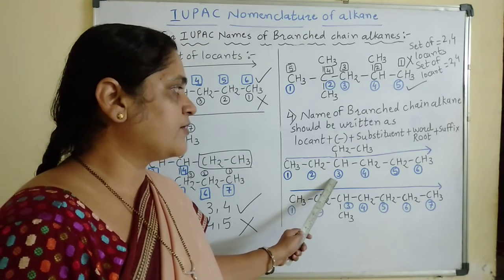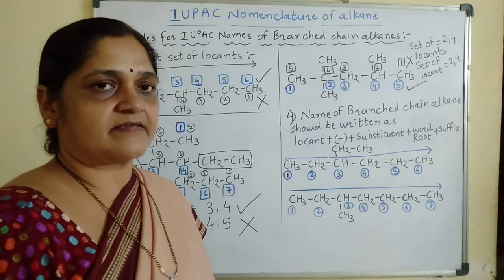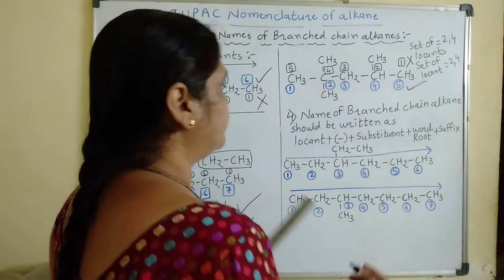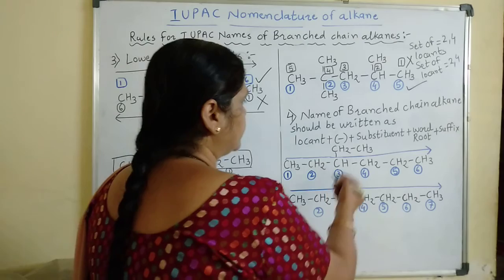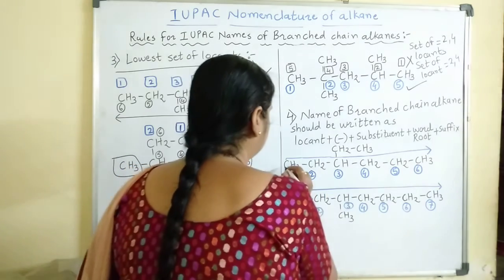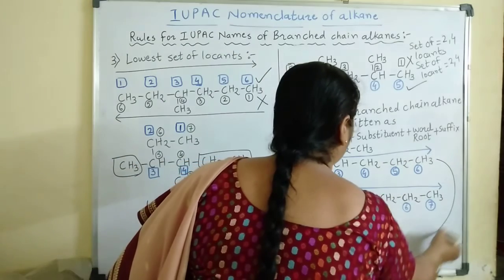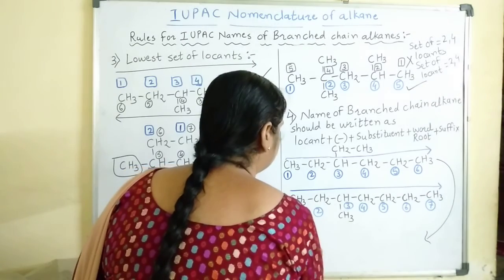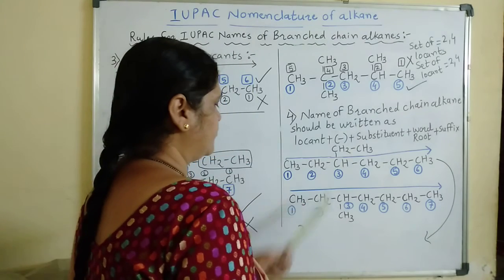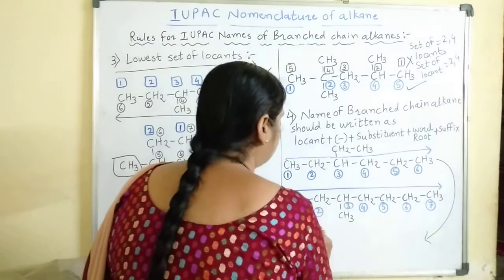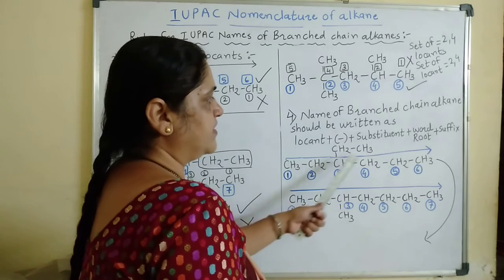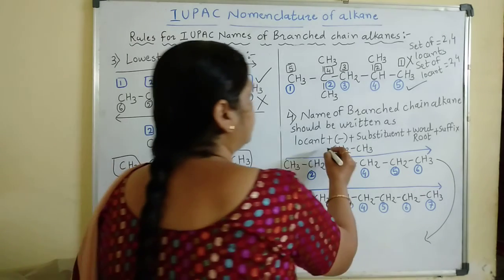Now when you are going to write the name for this compound, that time you have to first mention is locant. So I am writing this name here. This locant is 3, which is the substituent carrying carbons locant 3. Then put the hyphen. Then we have to write the name of the substituent. Substituent is this ethyl group.